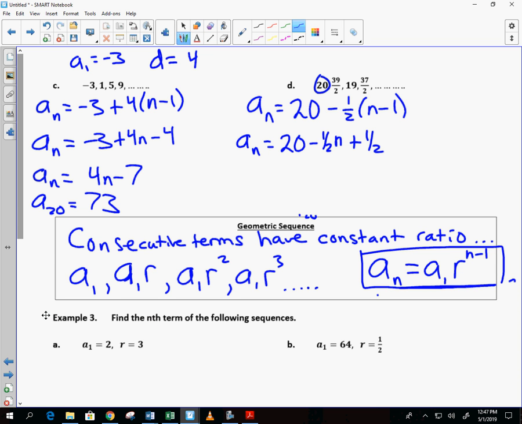I could combine the 20 and the 1/2. I'll find common denominators. 40 over 2 and 1 over 2 make 41 over 2. And those have common denominators already, don't they? I just raised 41 minus n.